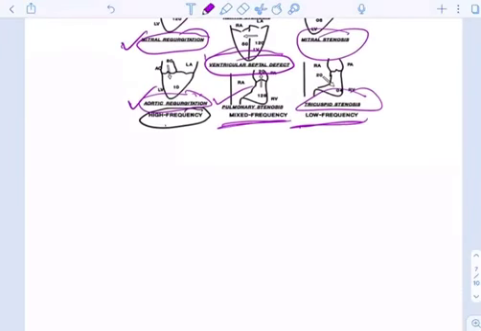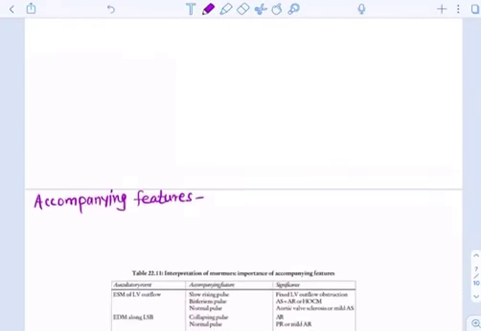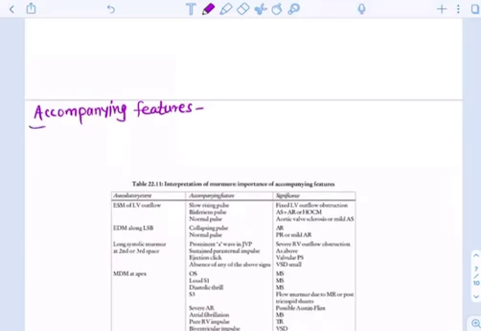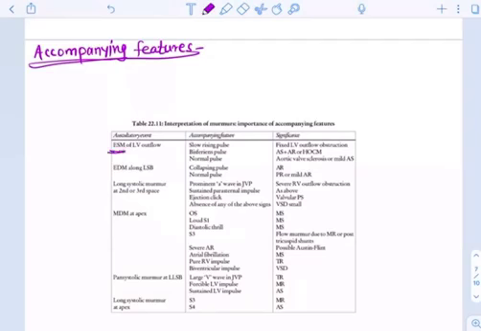So what are the accompanying features? As we have seen the murmur, if we want to diagnose some disease, we have to see the accompanying features. If there is ejection systolic murmur at the left ventricular outflow, meaning in the aortic area, then we have to see the pulse. If it is slow rising, late peaking pulse, we know it is a character of aortic stenosis.